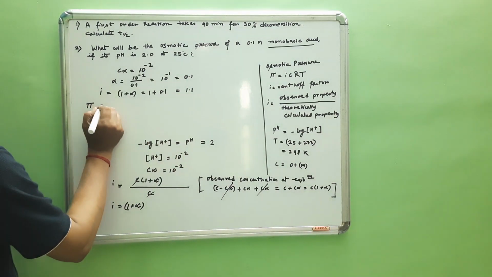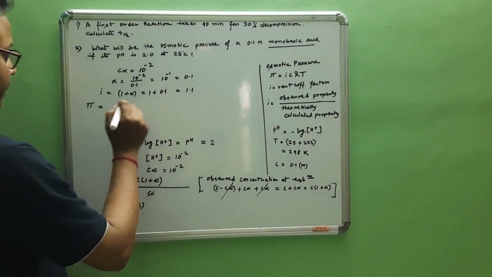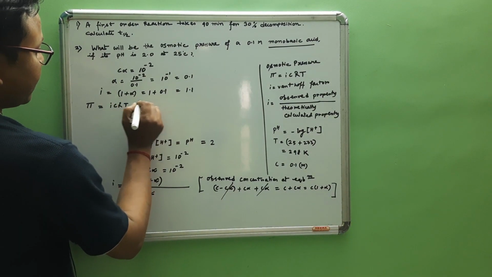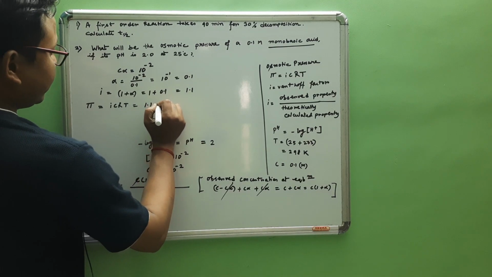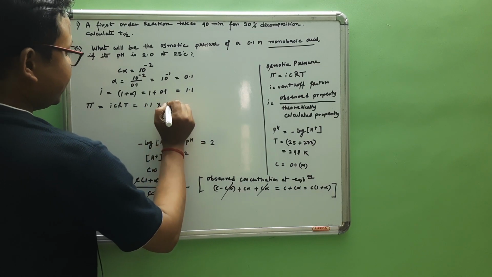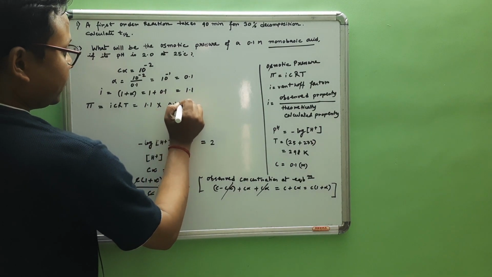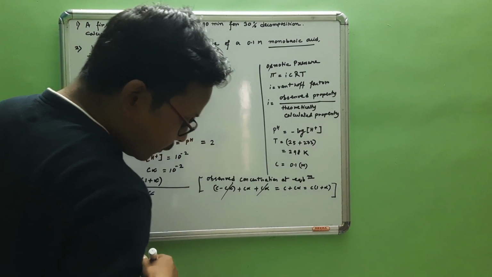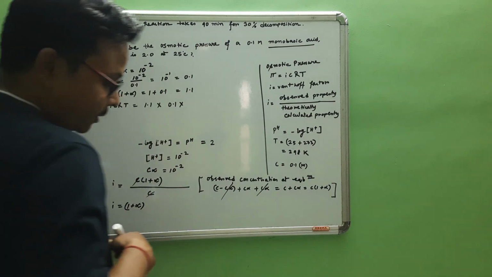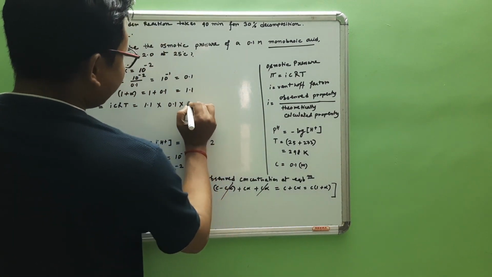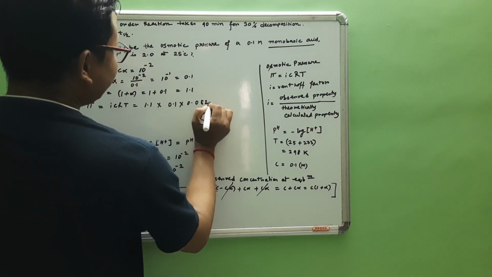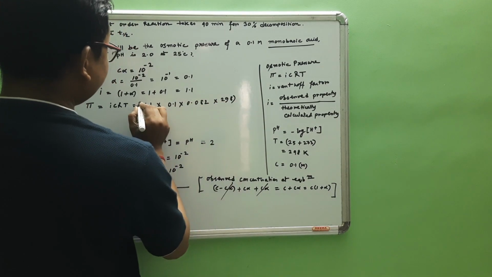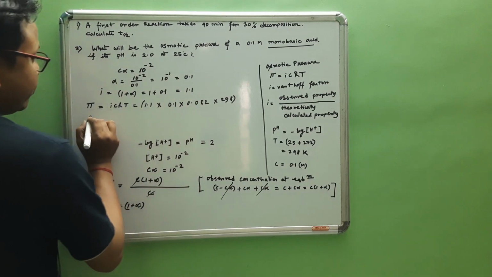Now, because we have to calculate osmotic pressure, pi equals iCRT. That means the value of i is 1.1, the value of C is 0.1, and the value of R in terms of liter atmosphere is 0.082, and the value of T is 298. So what will be the unit of pi?